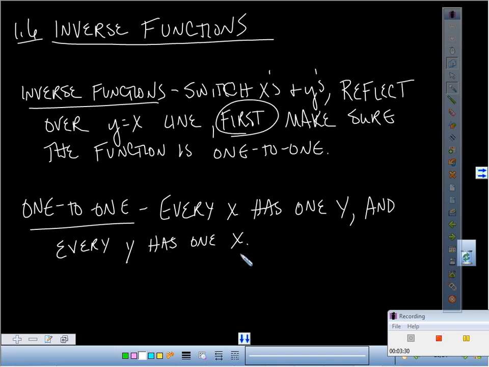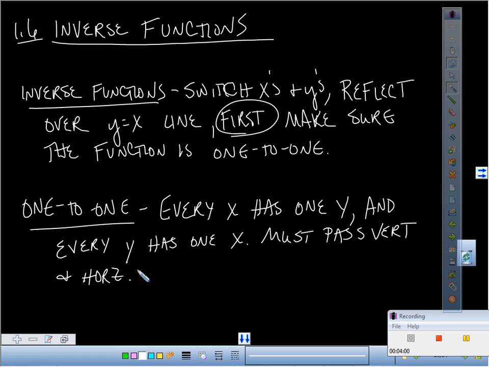That's what it has to do to have an inverse function. That's a little bit different. I don't want to say it doesn't have an inverse; I want to say it doesn't have an inverse function unless it's a 1-to-1 function. So what does it have to pass to prove it's 1-to-1? It must pass the vertical and the horizontal line test.